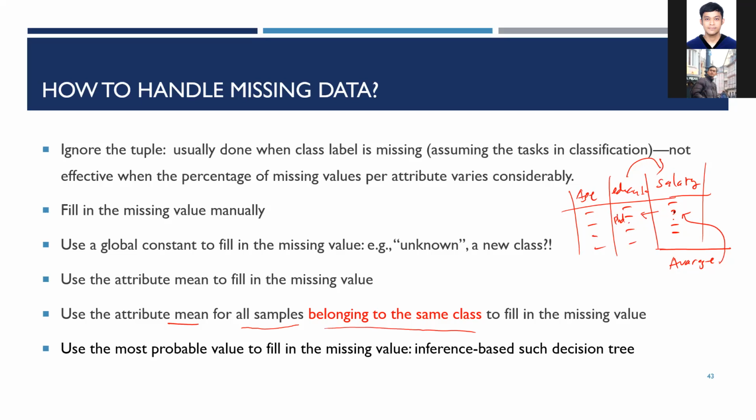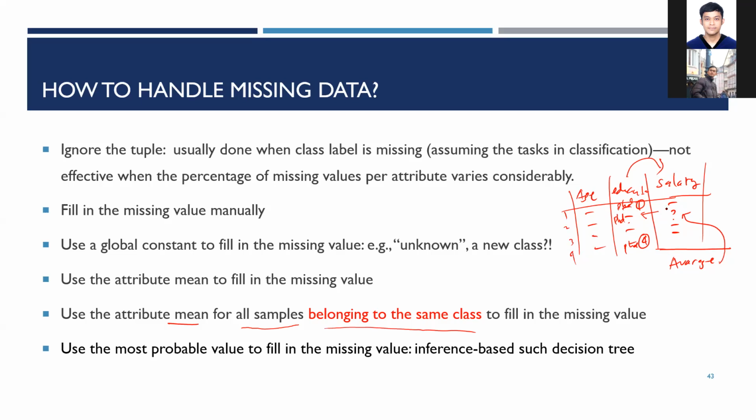So here we will find other instances where the education is also PhD. For example, instance number 1 and number 4 are also PhD. So instead of using all data 1, 2, 3, 4, we only take the average of the salary from data 1 and data 4.